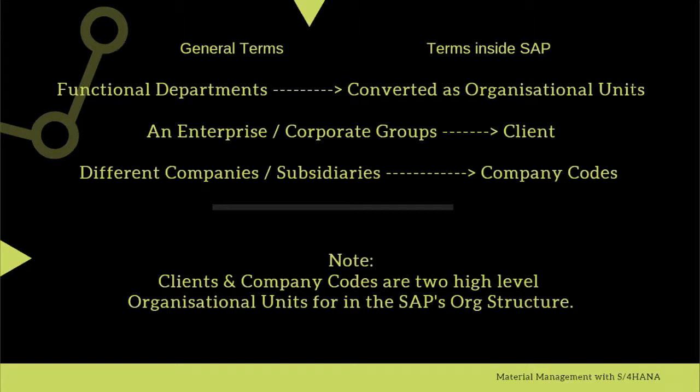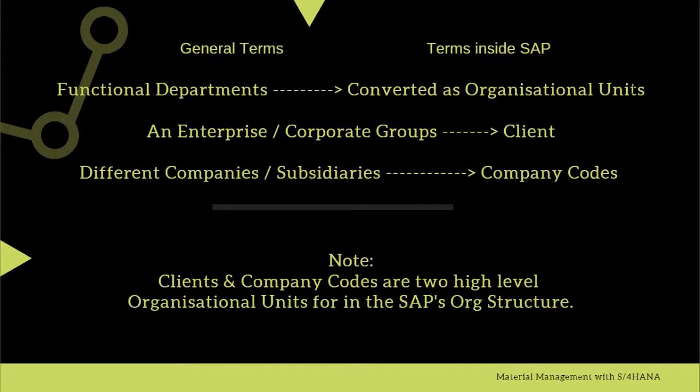And different companies or their subsidiaries are called company codes. This point may be a bit tricky. What are different companies when we've already mentioned the enterprise name? Let us consider an example. I'll come back to that example briefly at the end as well.